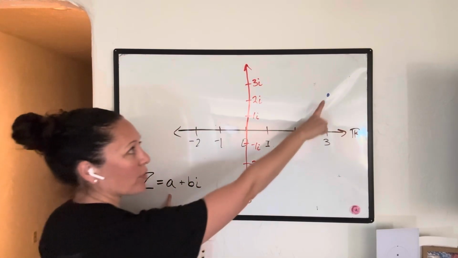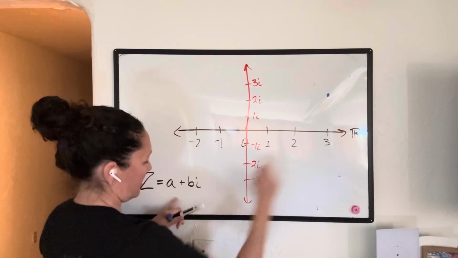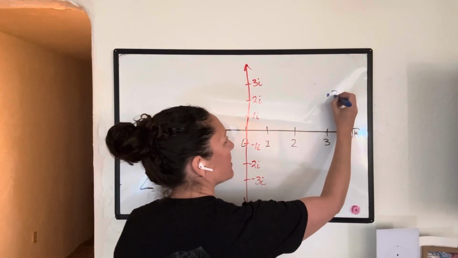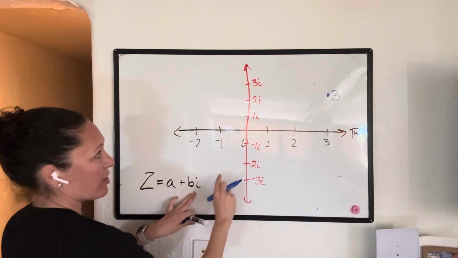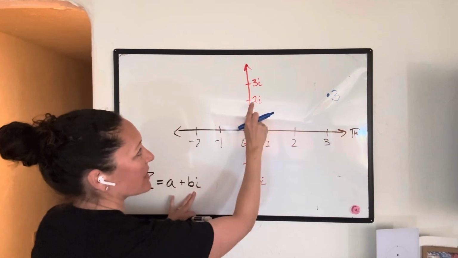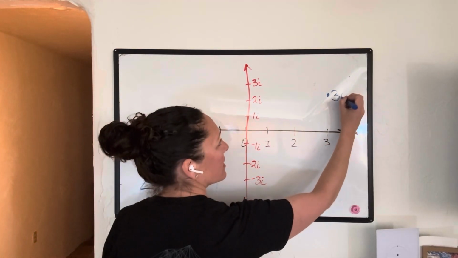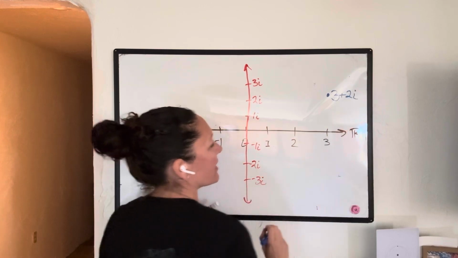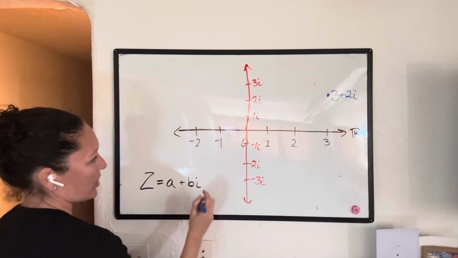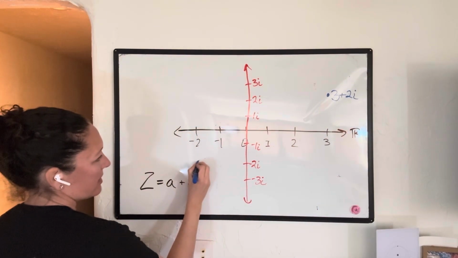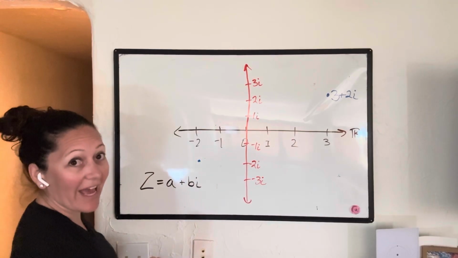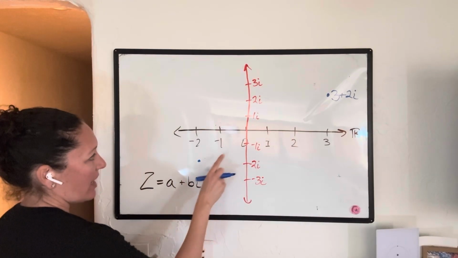So my real number at this point is +3, and my imaginary number at this point is +2i.